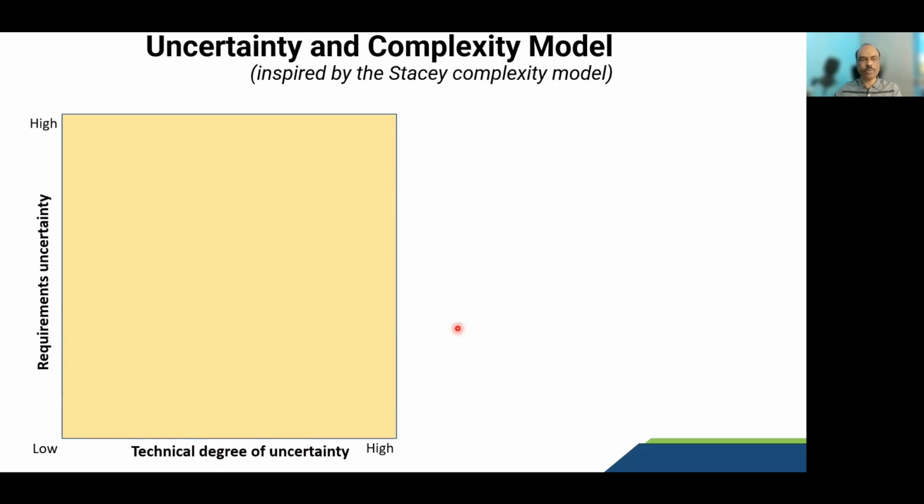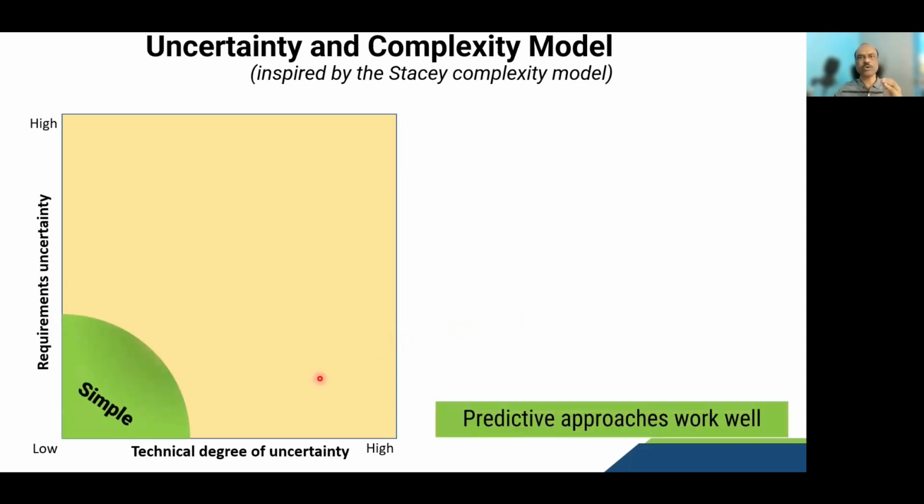Let's take, for example, your requirements uncertainty is low. That means you are more clear about what needs to be delivered and you also more or less know how to deliver it. In that case, you are at the bottom left, which means your project is a simple project. It is not very complicated. You know what to deliver. You know how to deliver. You have done it in the past. So predictive approaches work well because things are much more clear.